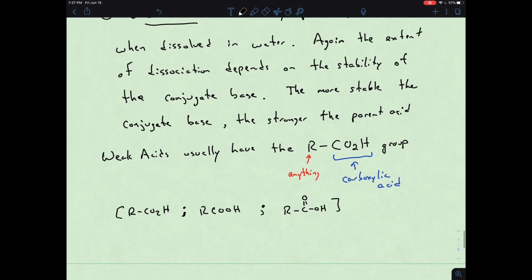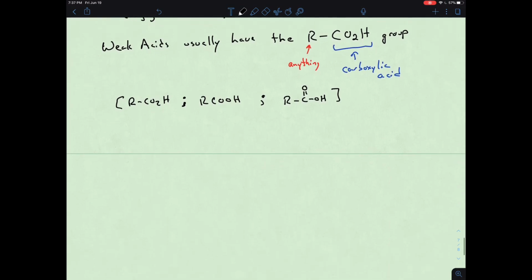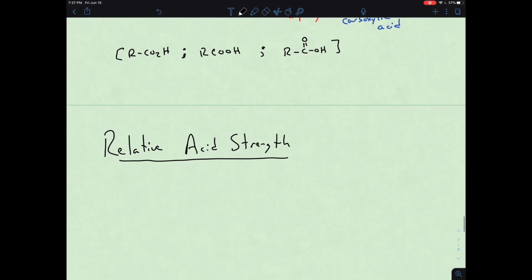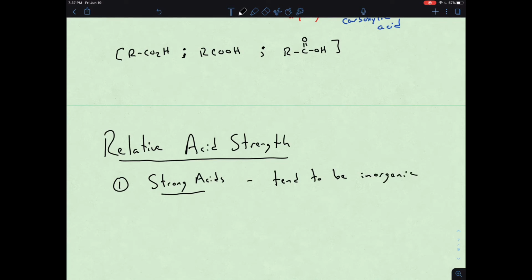So let's look at then relative acid strength. And let's first focus in on strong acids. Strong acids tend to be inorganic acids.